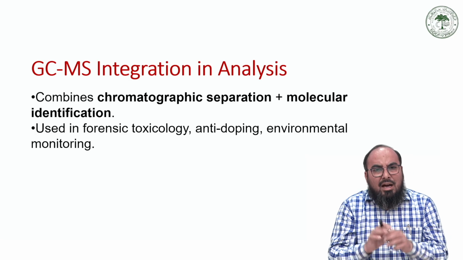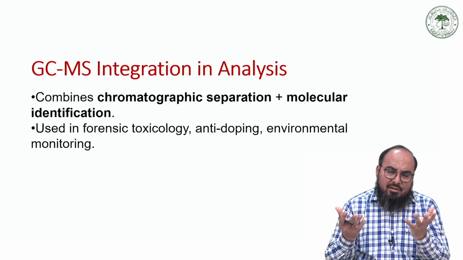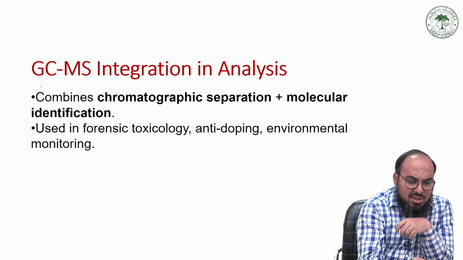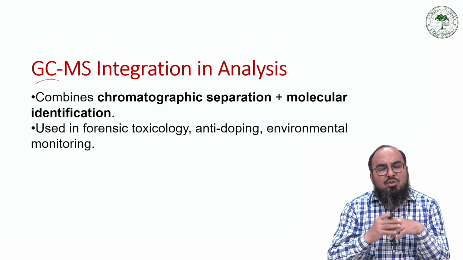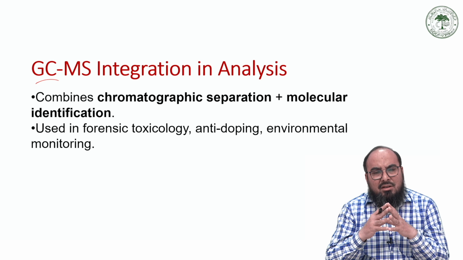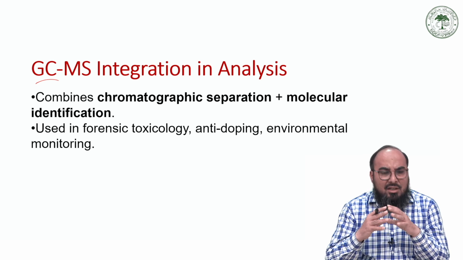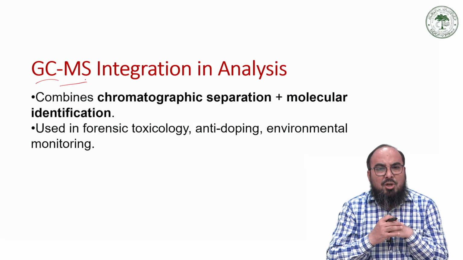Similarly, if you are integrating GC and MS, that is mass spectrometer, then you are using a hyphenated technique. By GC you identify the unknown compound, and if you are coupling mass spectrometry with GC, then you can also get the structural information.